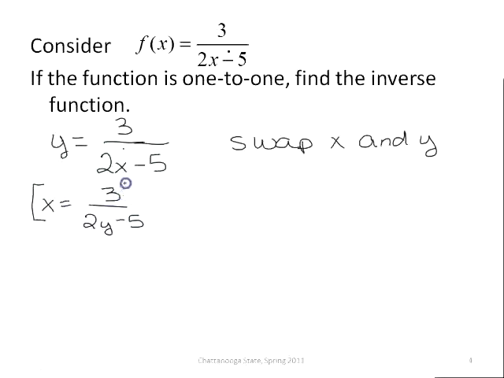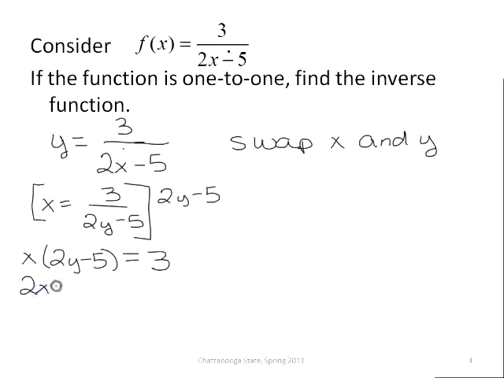Since this is a rational equation, we're going to solve for y by multiplying both sides of our equation by 2y minus 5, because that's what our denominator is. So we have x times 2y minus 5 equals 3. When we multiply this side by 2y minus 5, they cancel out.